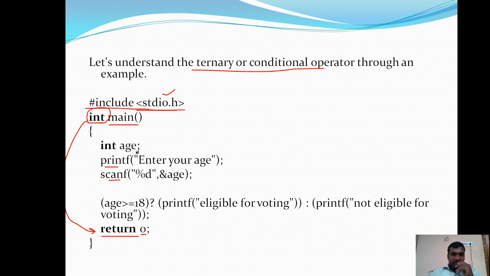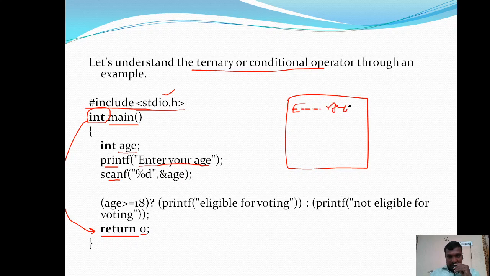int age. I am using a variable age of integer type to store the age of the person. Then printf "enter your age". The printf statement prints this text on the screen.